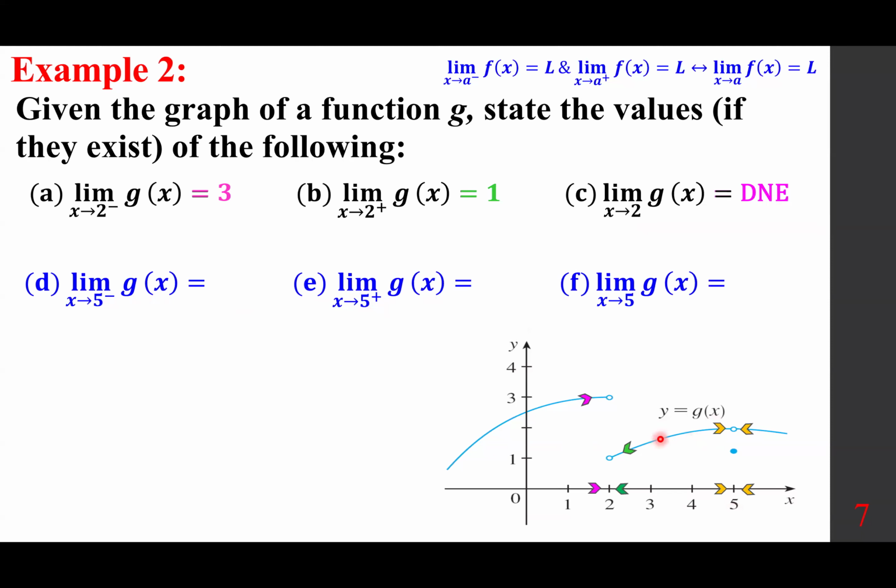From the left, we move this way towards the hole. From the right, we move this way towards the hole. So both sides, we are moving towards this hole, which seems to have a y coordinate of 2. And because the two are identical, the limit of g of x as x approaches 5 equals 2.